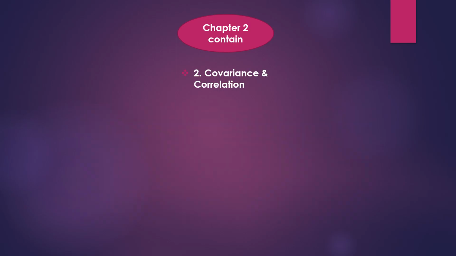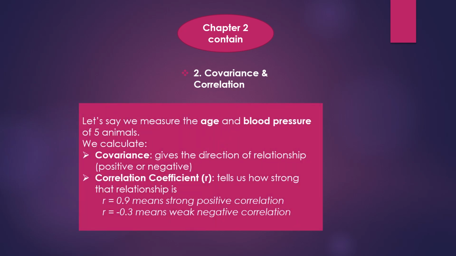Let's now look at covariance and the correlation coefficient. Let's say we measure the age and blood pressure of 5 animals. So covariance gives the direction of relationship, positive or negative, as we explained before. The correlation coefficient tells us how strong that relationship is.